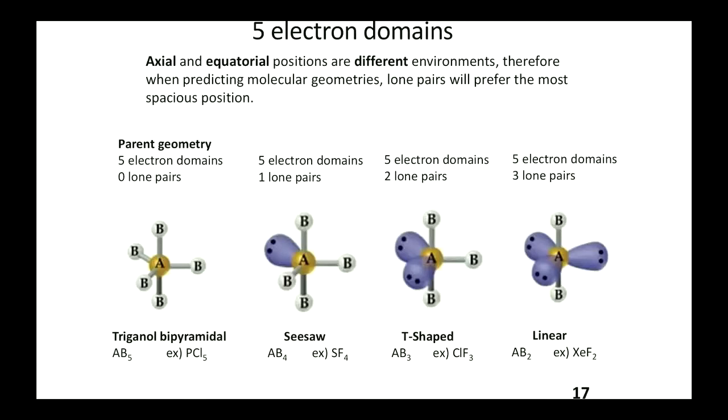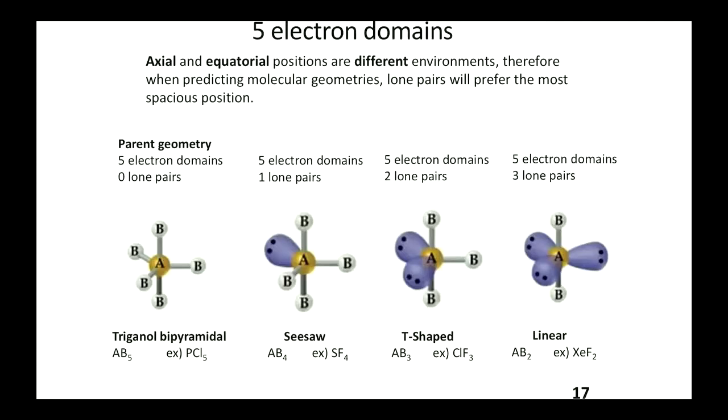Now the trouble is, we want to put a second lone pair, but we still want to follow the same rules. You want to put that lone pair where it's not bumping uglies with other things. So where will you put that lone pair so you get the most room? Will you put it on an axial position or in an equatorial position?